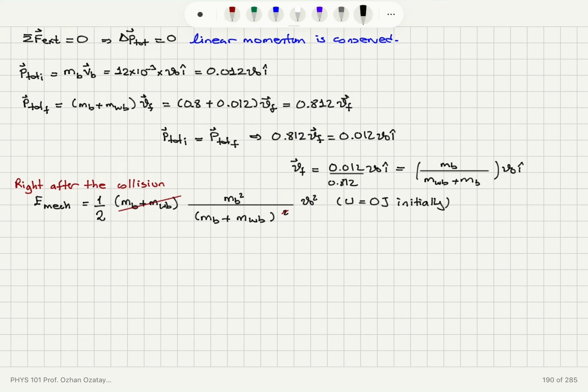Now at a height h, we will have a potential energy which is the mass of the bullet plus the mass of the wooden block, the total object, times g times h, and we will have a kinetic energy at that point, which is 1/2 the total mass, the mass of the bullet plus the mass of the wooden block, times velocity v squared.